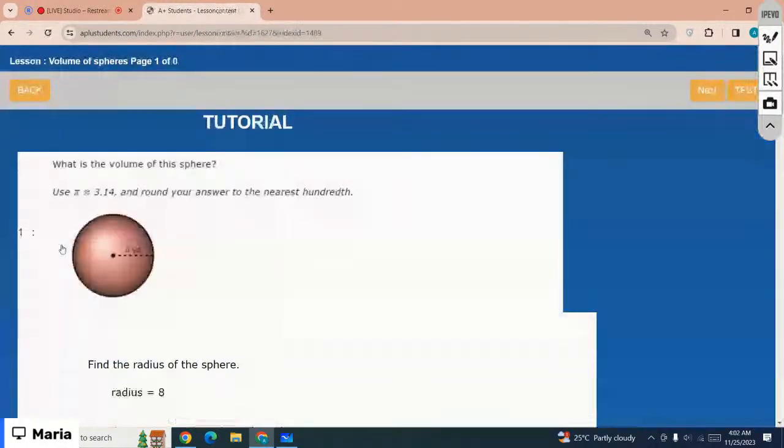Okay, so we are given a sphere. What is the volume of this sphere? You are given the radius, you need to calculate the volume of the sphere, right?